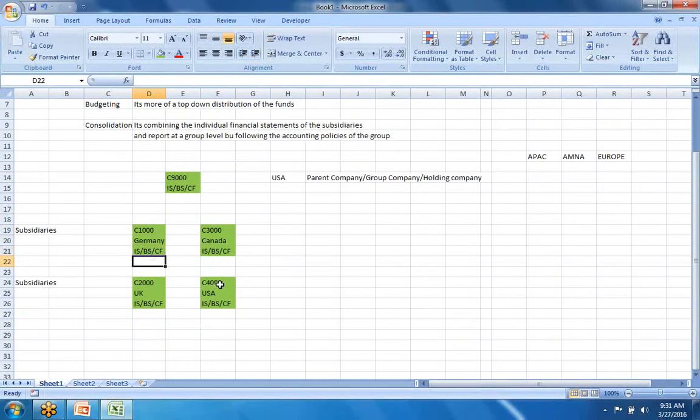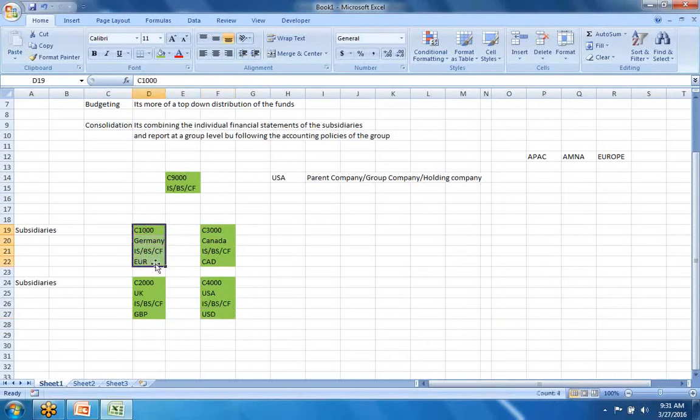C1000 is in Germany, so it will be producing its financial statements in Euro. C2000 in UK, so it will be producing its financial statements in GBP. In the same way, Canada, it's CAD, and C4000 in USD. When they produce the financial statements, these are in the local currency of that particular company.